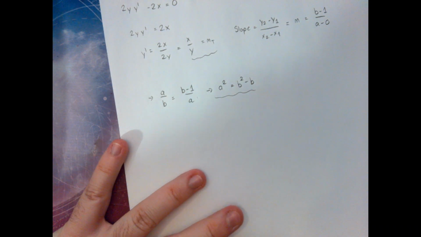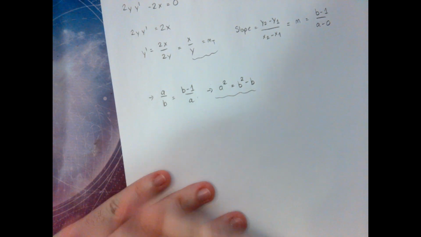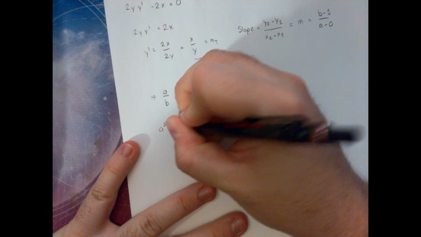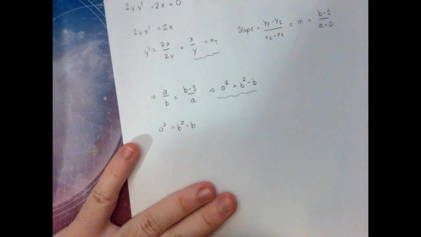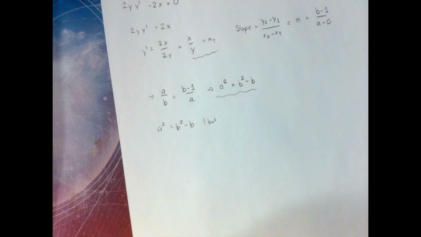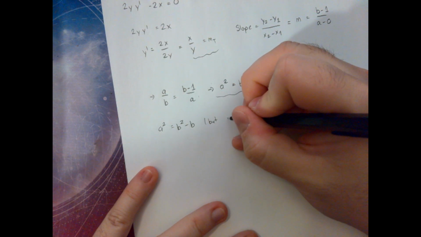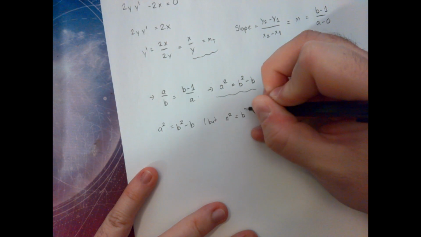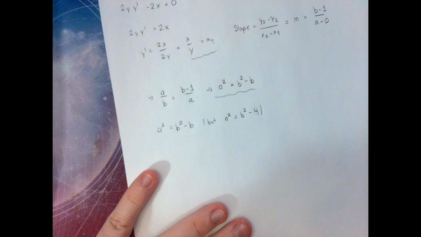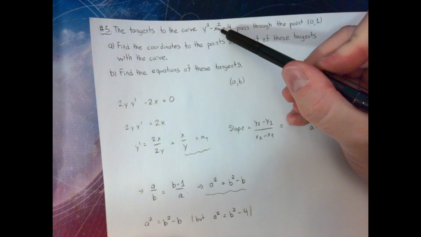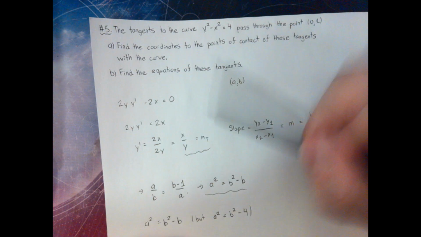So now we're just going to manipulate our equation to get a squared is equal to b squared minus b. But what else? A squared is equal to b squared minus 4, because this is just an algebraic manipulation of the curve that we were given initially. Only we've got a squared and b squared, replacing x and y respectively.